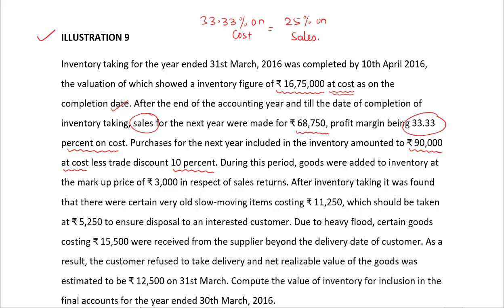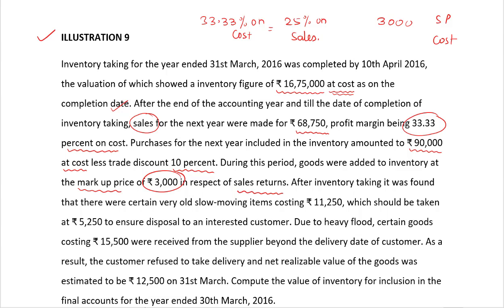During this period, goods were added to inventory at a markup price of 3,000 in respect of the sales return. So this figure of sales return is at the markup price. Markup price means the profit percentage is already added to this. This figure of 3,000 is at selling price.